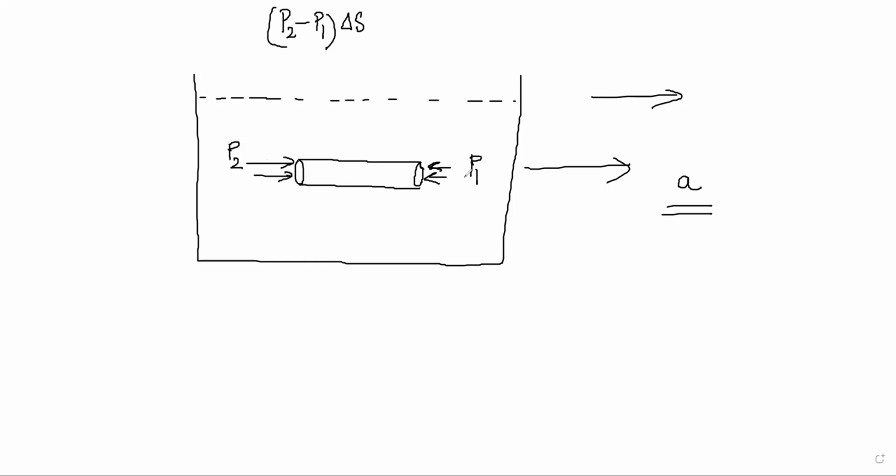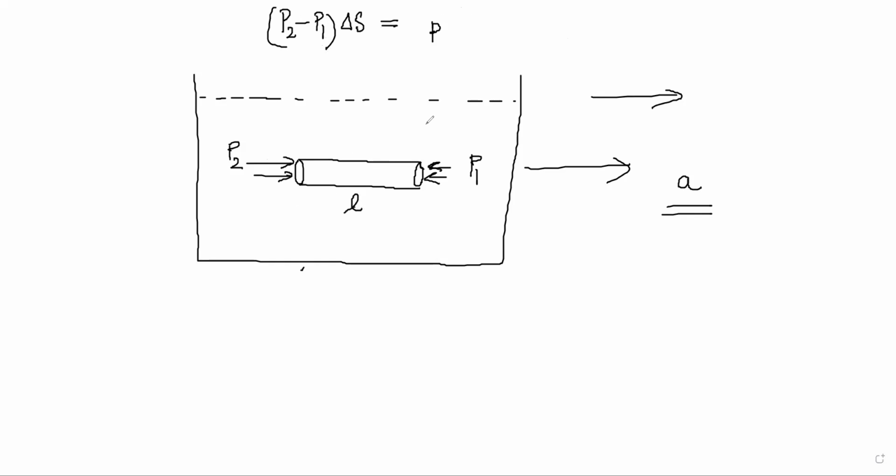P2 del S minus P1 del S, the net force in the horizontal direction, should be equal to mass into acceleration, right? So rho a del S is the mass into acceleration a, right? Wait, rho a del S is wrong. Del S into H, or length, right?